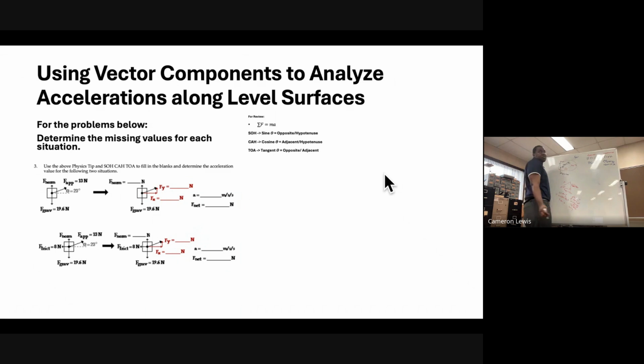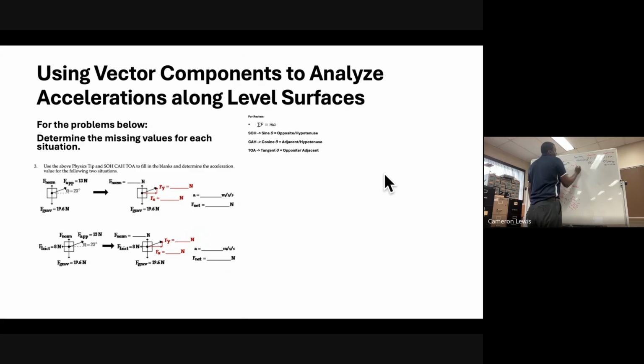F grav equals? The weight of an object is equal to its mass times gravity. So mass times gravity, right? So now if I know that, I can come over here. How much is this object's weight due to gravity? The force due to gravity is what? 19.6. So now I can do 19.6, like I did before, equals mass times 9.8 meters per second squared.